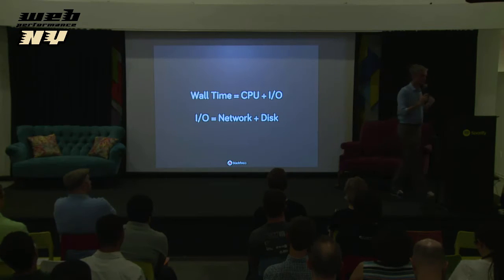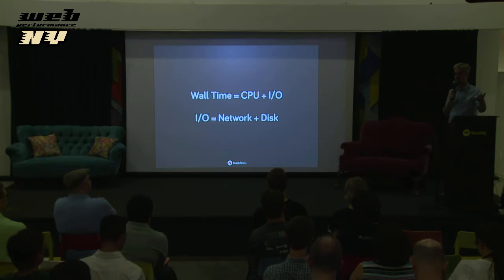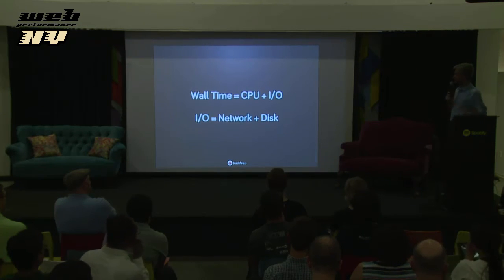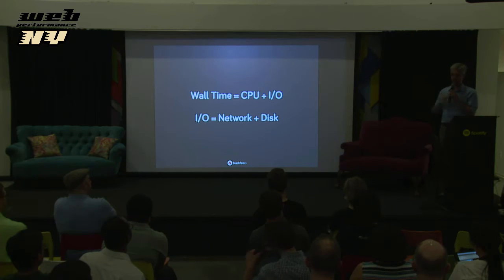So if on a web page you call an HTTP API, the CPU does nothing, just waiting for the API to respond, right? And the same goes for disk. If you are loading a big file from the disk, the CPU is just waiting for the file to be read from disk, right? So the time is the CPU plus the network plus the disk, right? It's not just about the CPU.